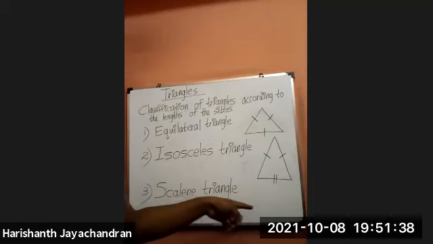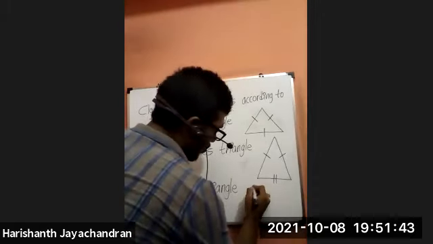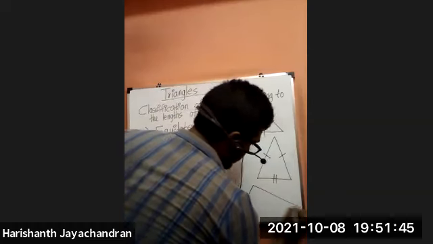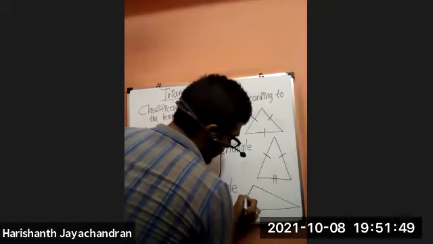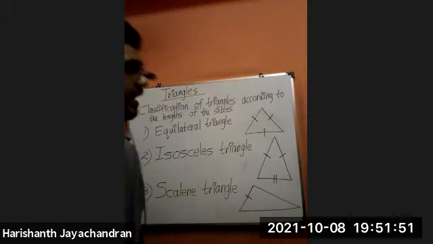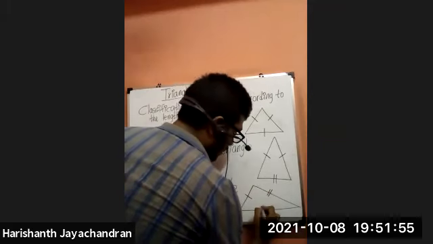No. I should mention different symbols on each side. Please listen to me very carefully. On this side, I'm going to mark a single line. On this side, a double line. On this side, a triple line.